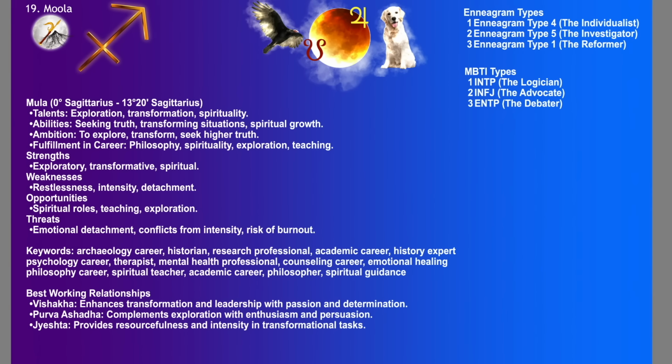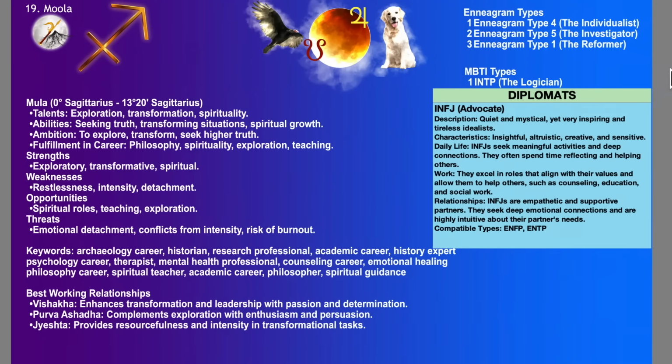Next one, INFJ, the advocate. Now these are diplomats, more of moving towards people, quiet and mystical, yet very inspiring and tireless idealists. The characteristics are insightful, altruistic, creative, and sensitive. So their roles, work-wise, align with counseling, education, or social work.